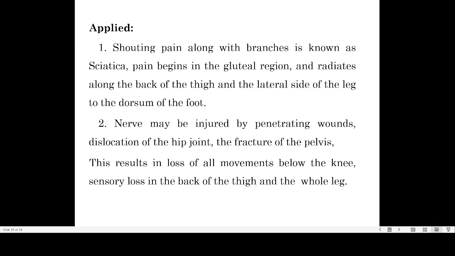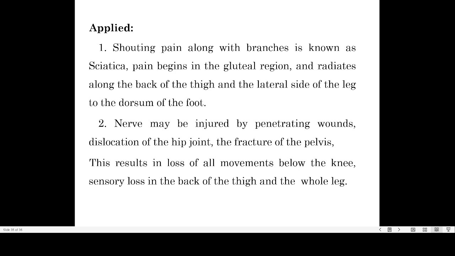These are the symptoms: mainly the loss of movements below the knee joint and also a sensory loss in the back of the thigh region and the whole leg if this sciatic nerve is injured. That may be caused by any wound that destroys the nerve, or a dislocation at the hip joint, or a fracture in the pelvic region.